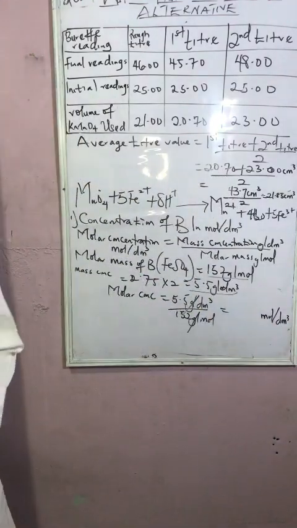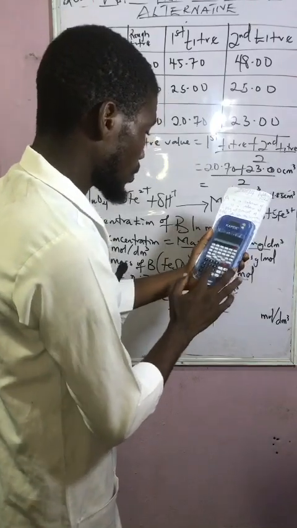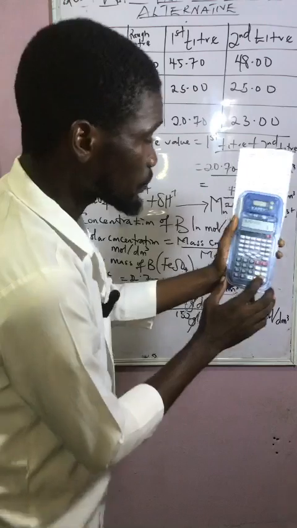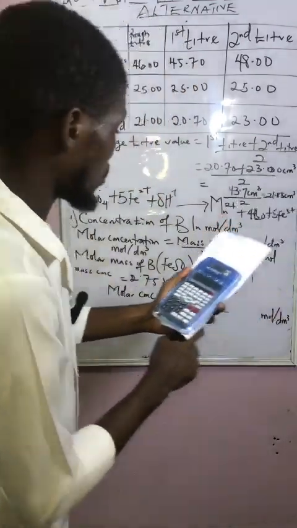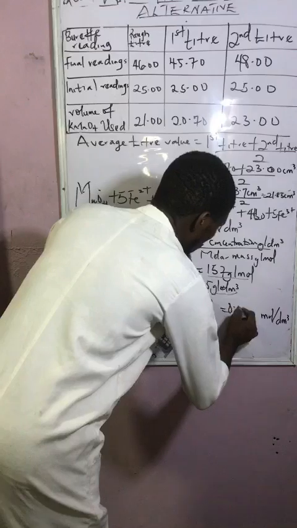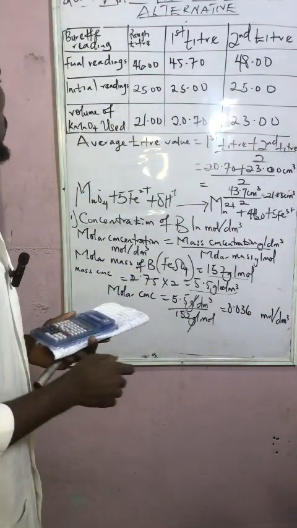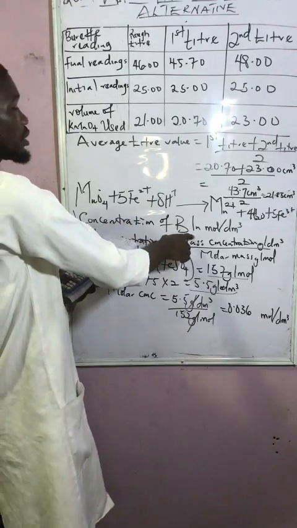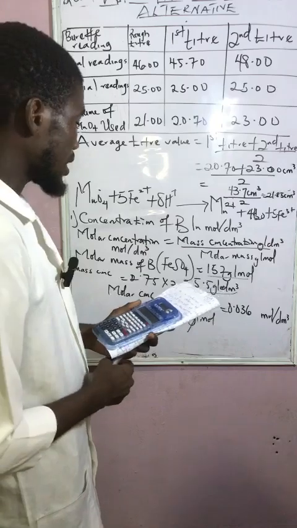So let's check for the value. We have 5.5 divided by 152, which gives 0.036. Don't forget, 0.036 mole per dm cube. So take note that the concentration of B in mole per dm cube is 0.036.